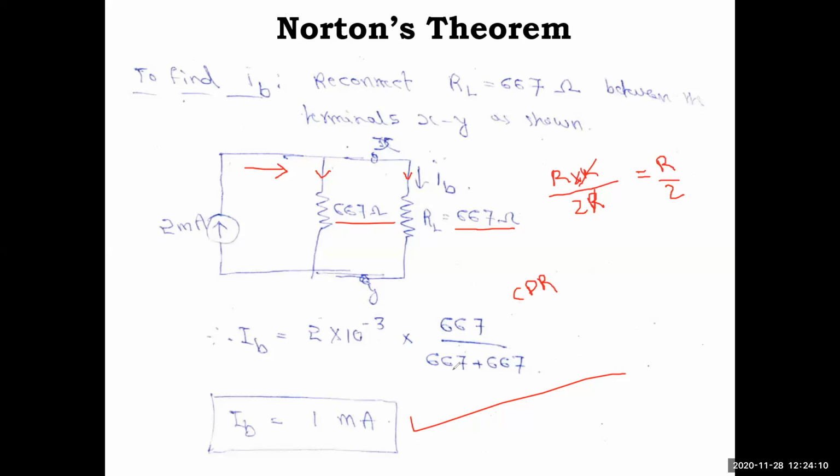That means current will divide equally when two parallel resistances are equal. So 2 milliamp is equally divided as 1 milliamp and 1 milliamp. If it is objective type, straight away you can write it, but it is a numerical type, so you need to explain the steps. That's why the current division rule is shown here, and these are the steps written. Clear? This is just an additional point I have told you.